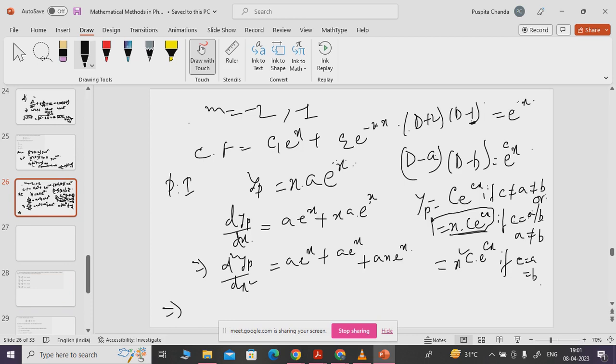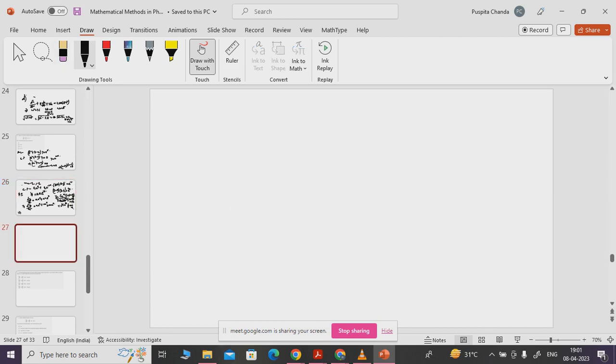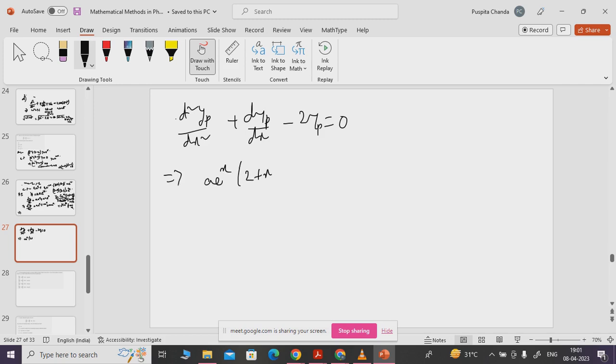Now we need to plug all this into the mother equation, which is d2yp dx2 plus dyp dx minus 2yp, so it will be a e to the power x (2 plus x) plus a e to the power x (1 plus x) minus 2a x e to the power x.